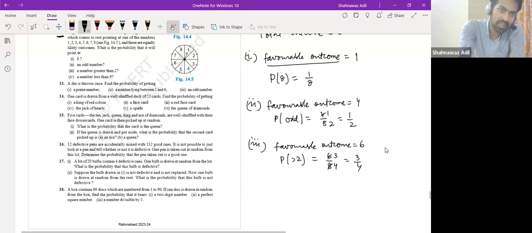Okay, now what is the last one? A number less than 9. Someone has written in the chat box, less than 9 or 8, right?